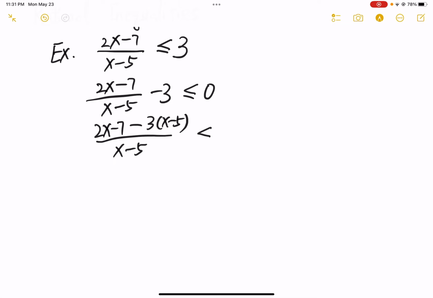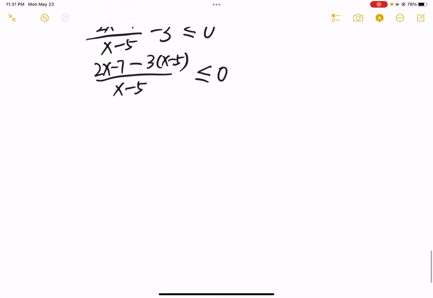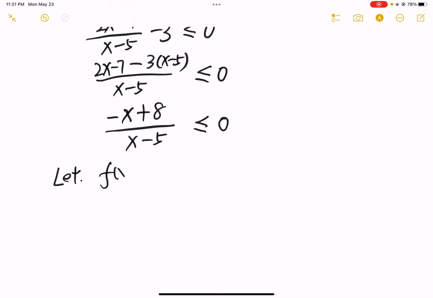So this is negative x plus 8 over x minus 5, less than or equal to 0. We let the left side f of x be negative x plus 8 over x minus 5, right?